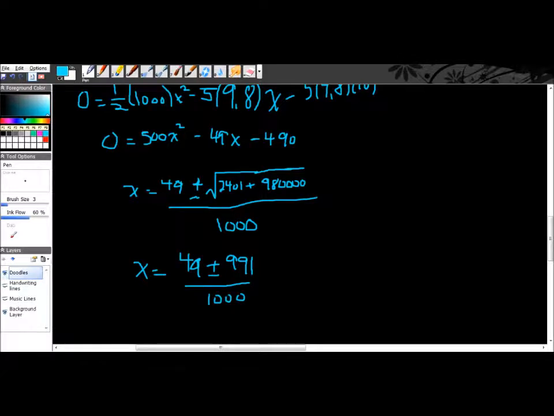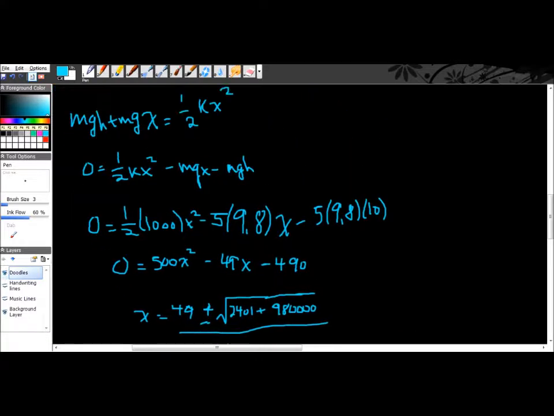Adding gives 1.04, or 49 minus 991 over 1,000 gives negative 0.942.